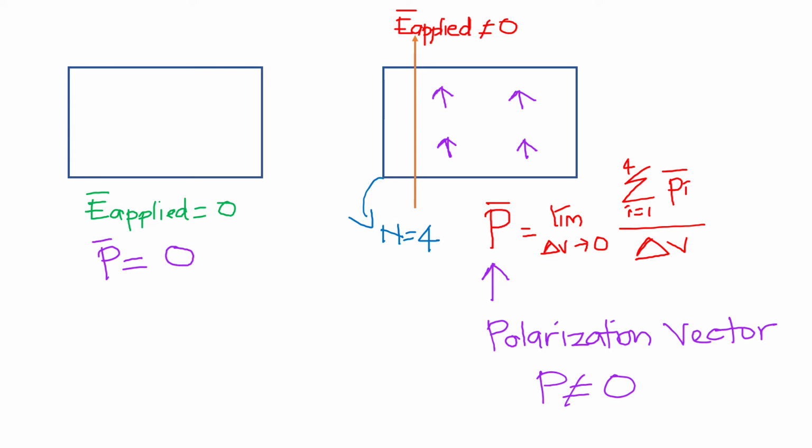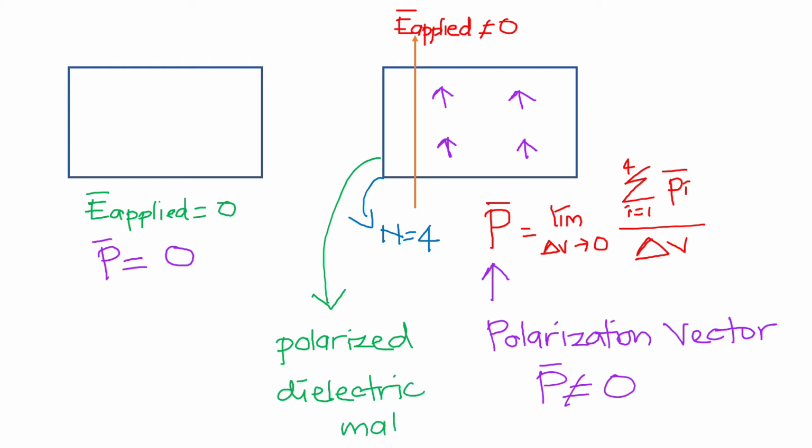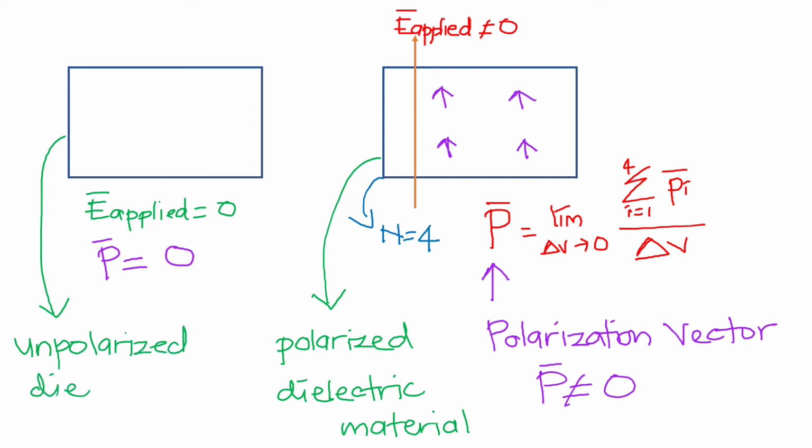Now we can say that this material is known as a polarized dielectric material, and this one is an unpolarized dielectric material.